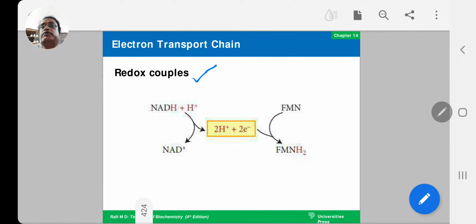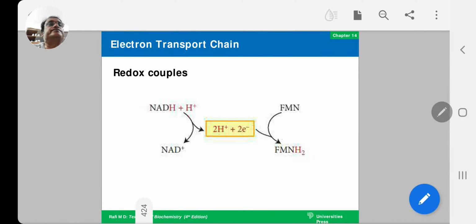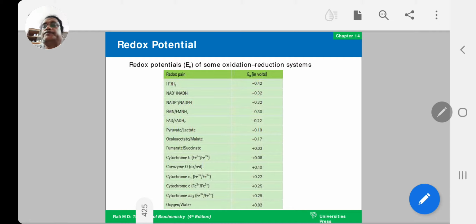Different redox couples differ in their tendency to lose or gain electrons. Now redox potential.